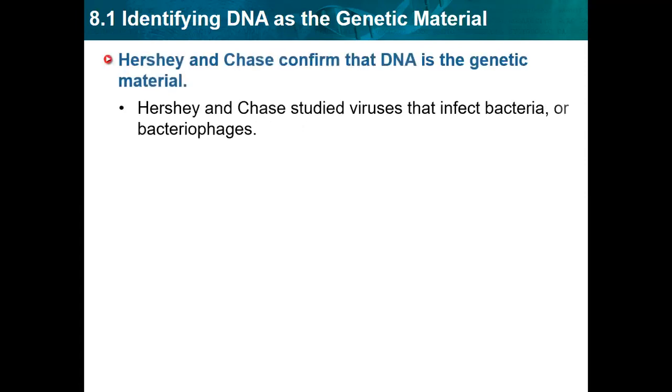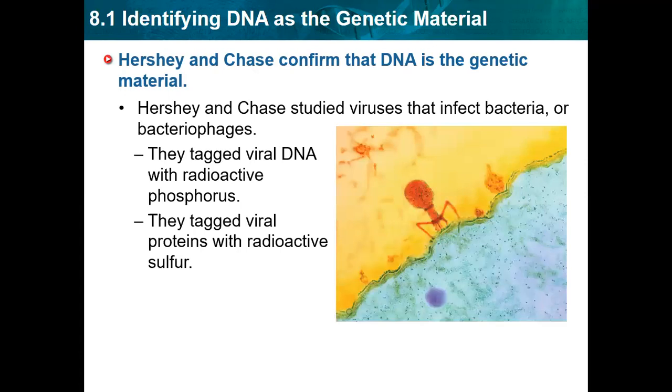Now let's move on to Hershey and Chase's confirmation of DNA as the genetic material. Hershey and Chase studied viruses that infect bacteria. We have a specific virus that infects bacteria, which is called a bacteriophage.